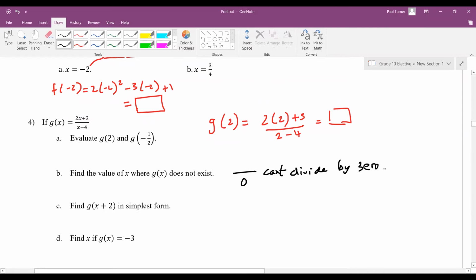You can't divide by 0. So basically what it means is that if this denominator is 0, the graph does not exist there. There's no function. So that means we'd say, therefore, x minus 4 equals 0. So x equals what? And that's your answer here. So if x is this number, there is no graph at that point.